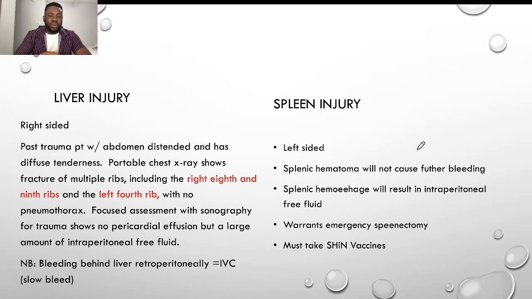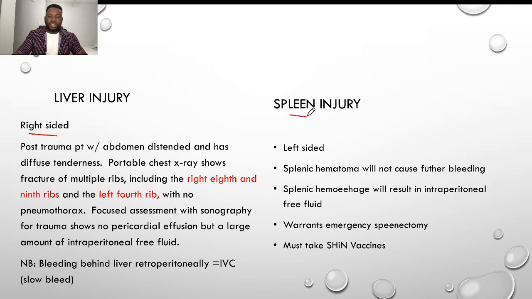Let's look at the next one, liver injury versus splenic injury. If someone has a blunt abdominal trauma, we want to be able to tell if their bleeding is due to a liver injury or a splenic injury. Usually, if it's a liver injury, it's going to be right-sided.